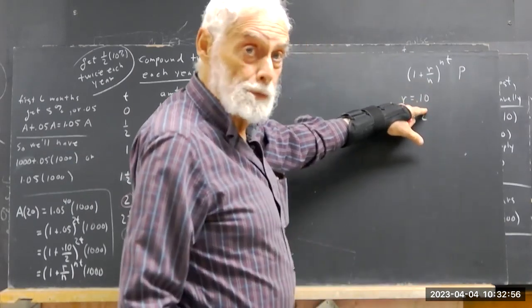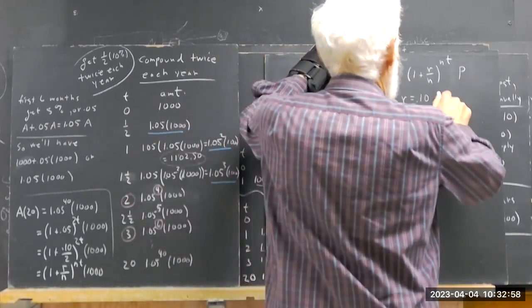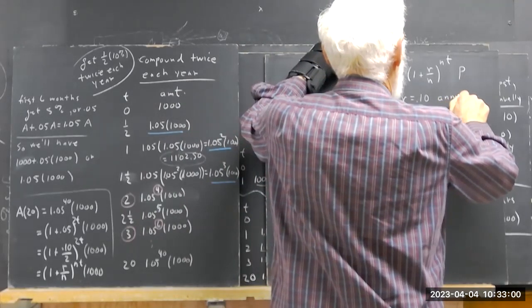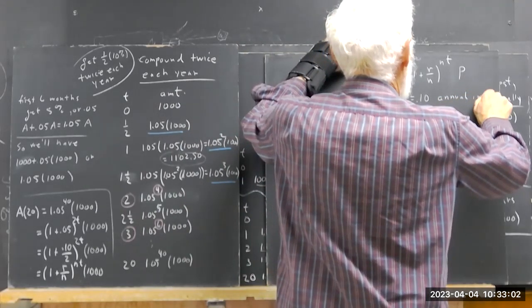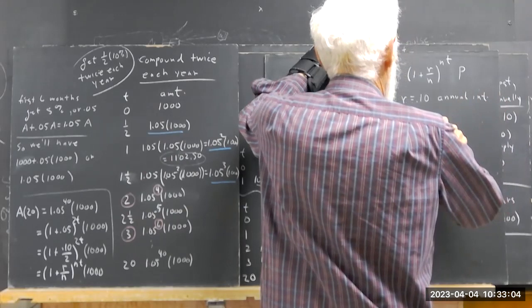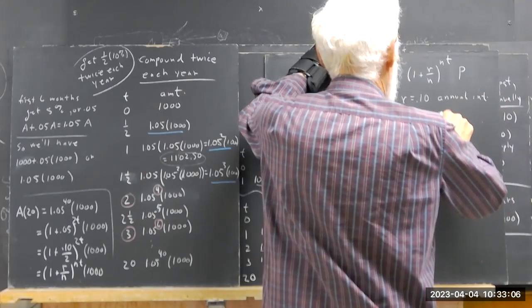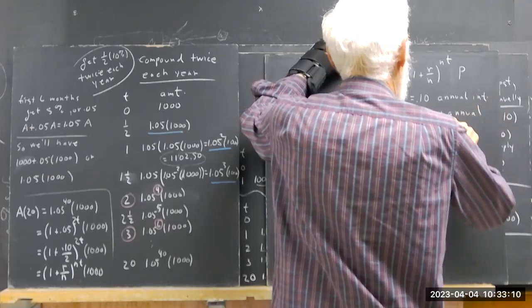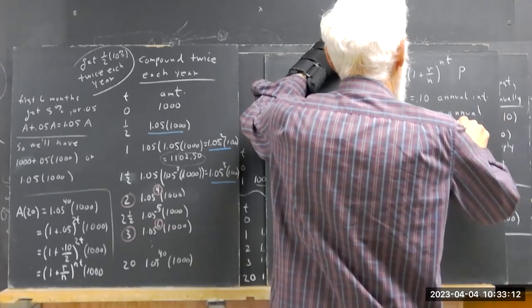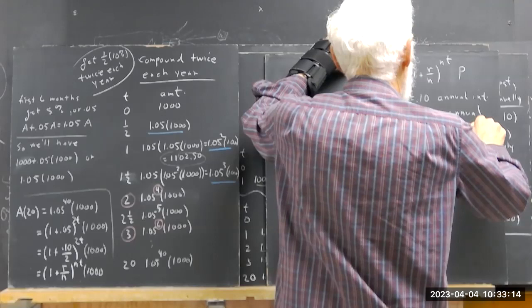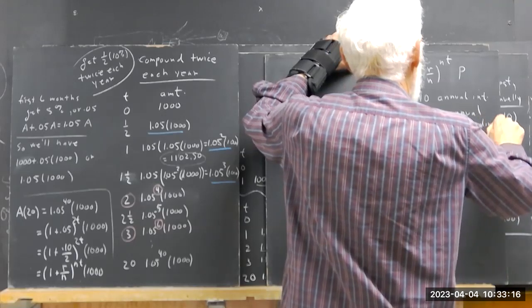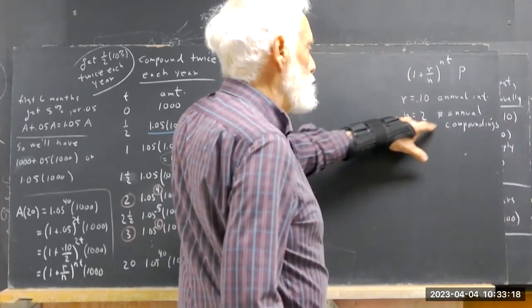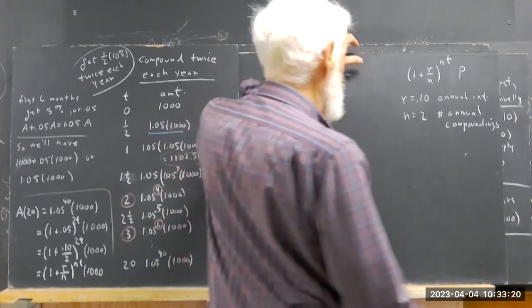That's your annual interest. N equals 2, that's your number of annual compoundings.